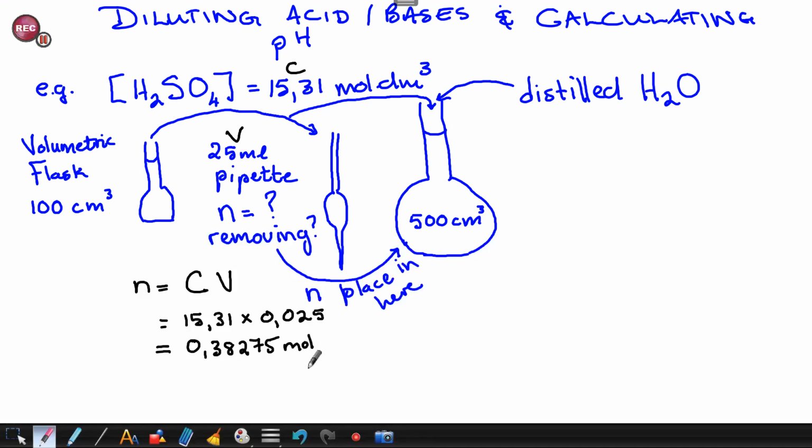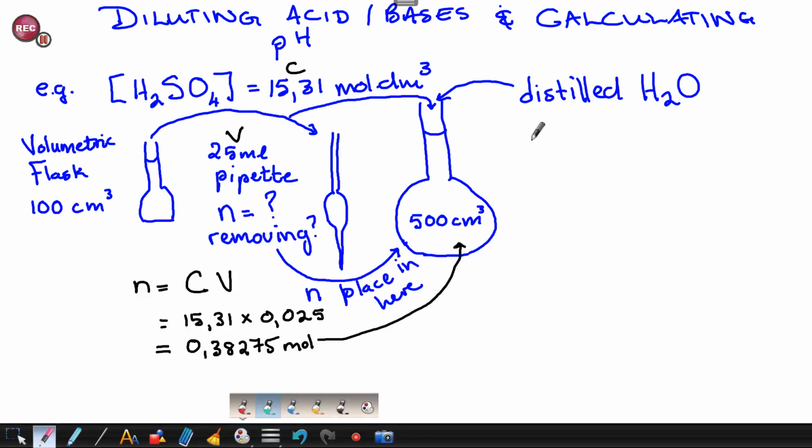Where did these moles go? Into the pipette and then into the 500 cubic centimeter volumetric flask. Do we have enough information to calculate the concentration of the new solution? Yes. We do.